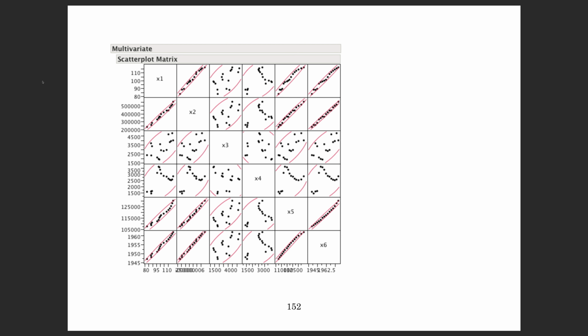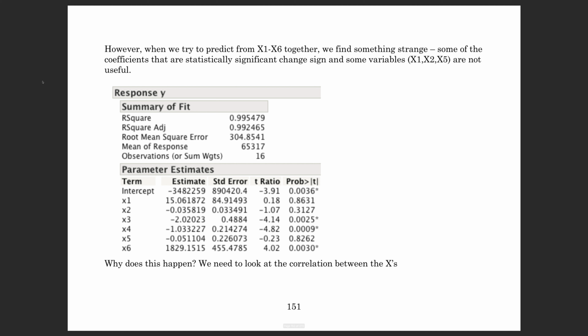So that means that a lot of the information which each of them appears to be giving us in predicting y is common information. It's shared information. And if we go back and look at the model we fit just here, this implies that x6 is the best source of the information that x1, x2, x5, and x6 share.